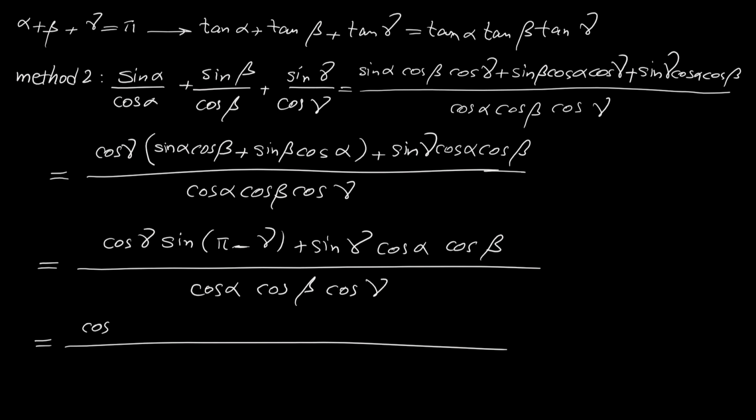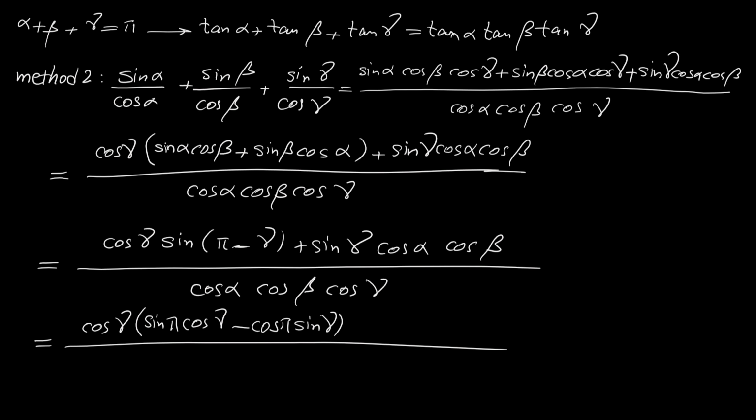So let me show you what happens if we do this here. We have cosine of gamma times, what is the formula for sine of the difference of two angles? Sine of pi minus gamma, from the difference of angles formula, is sine of pi cosine of gamma minus cosine pi sine of gamma.